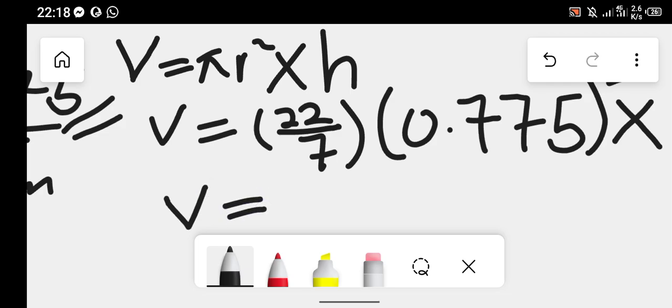So on my calculator, I will say open bracket 22 divide by 7, close bracket. Pay attention how I'm entering these digits on my calculator. Hope you are following.